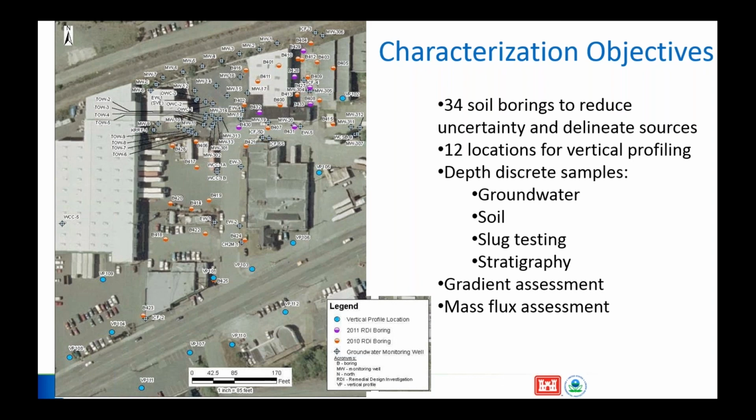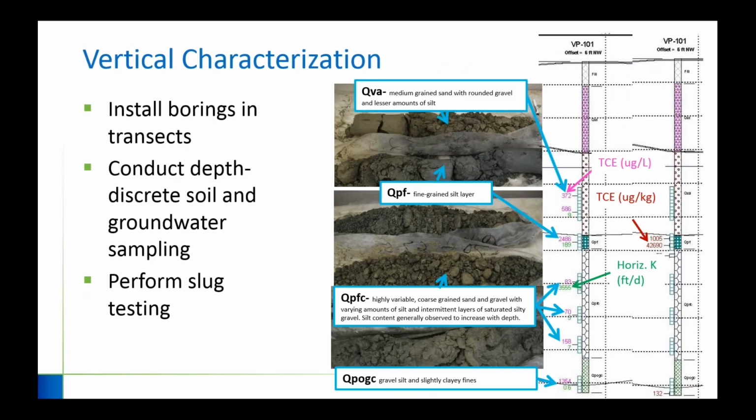The mass flux measurement was going to be done with Transect, which is one of the common methods for doing mass discharge, mass flux measurements. So one Transect of borings here and then one here. When we started putting in these borings, we were sampling soil and groundwater with depth, and we were able to do some hydraulic testing of some of these zones as we were going down.